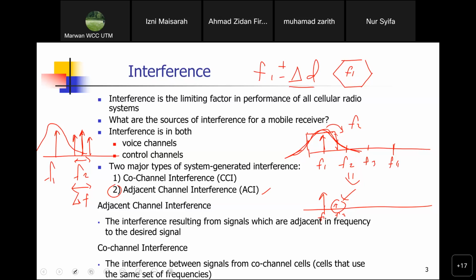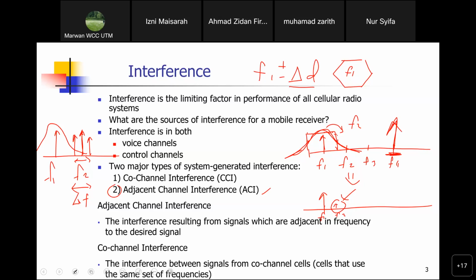So if it is a static environment, then yes, you transmit F1, you will get F1. But normally, if you transmit F1, you're not getting F1, you're getting around F1. F1 minus delta D or F1 plus delta D, depending on how fast the environment is.